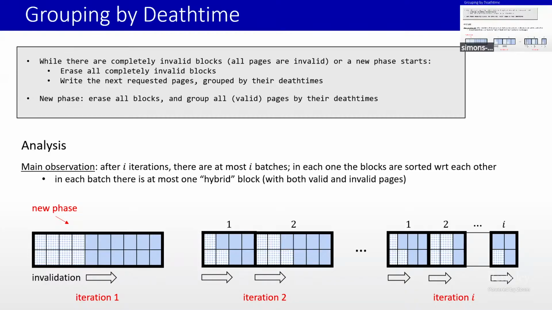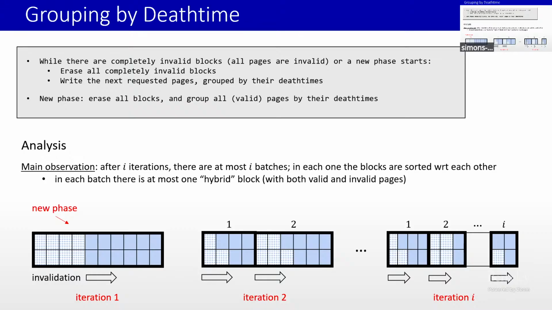Now, in the next iteration of the while loop, I'm going to generate another hybrid block. These blocks are now cleaned, so these three blocks will contain the next batch.